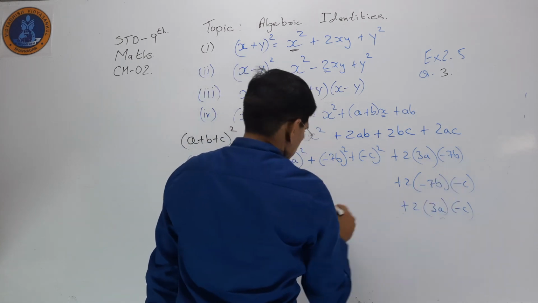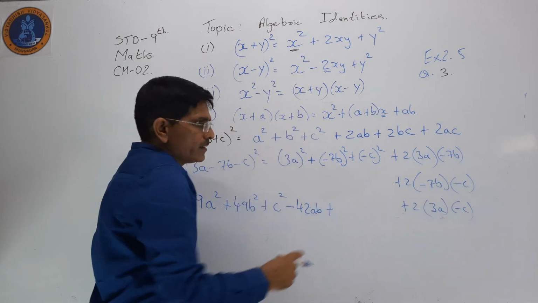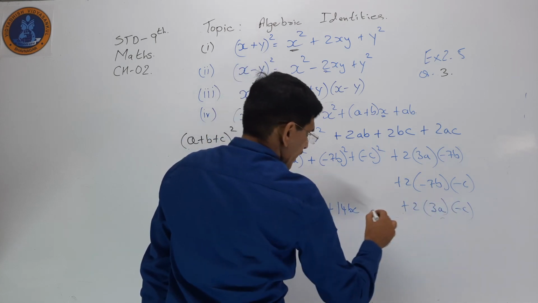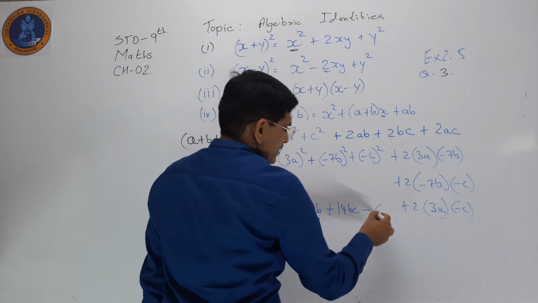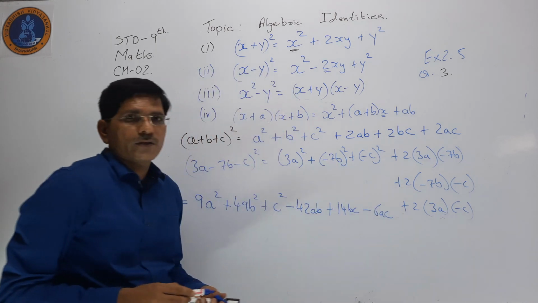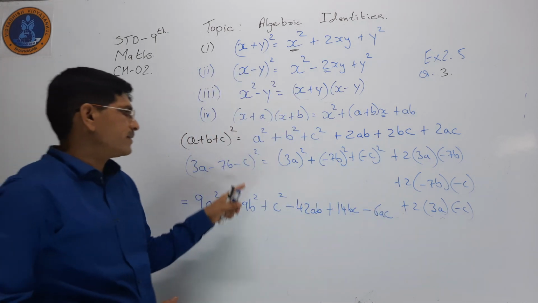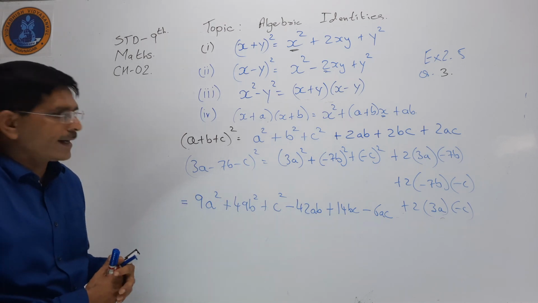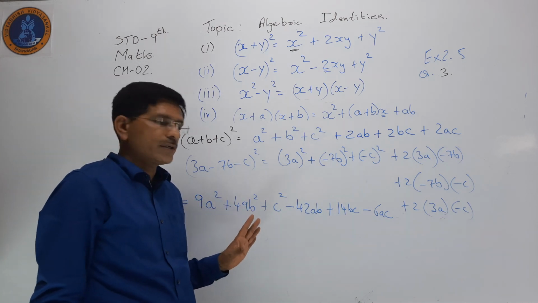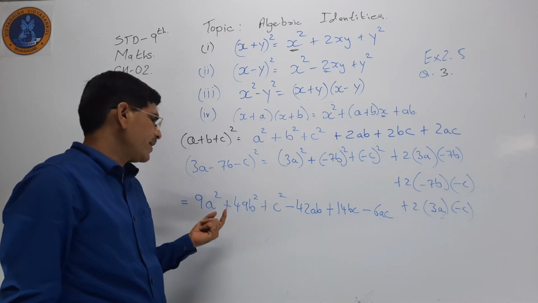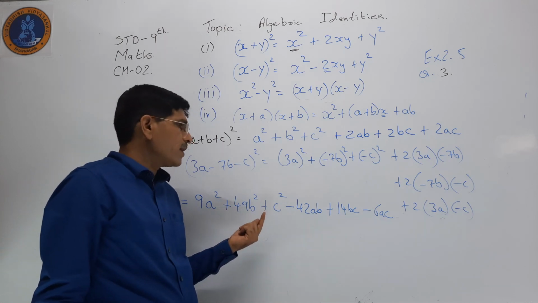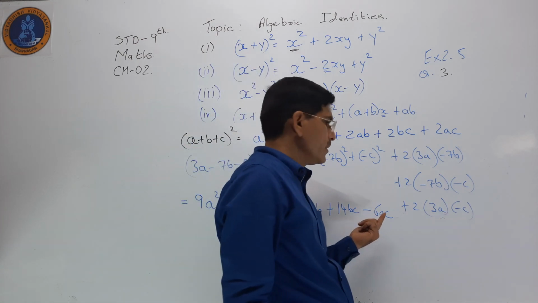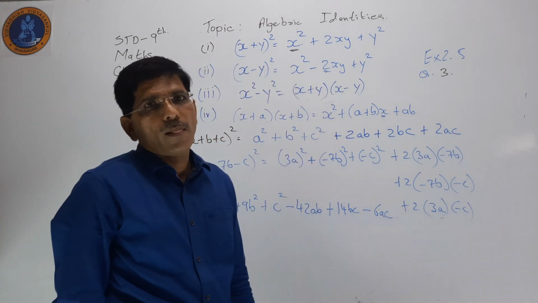Here 2 times negative is there, so it is plus, 7 2s are 14bc. Here 1 time negative is there, 6ac. So when a negative sign is there, always remember that the answer must be negative where it applies. That is important. 9a square plus 49b square plus c square minus 42ab plus 14bc minus 6ac. Clear?